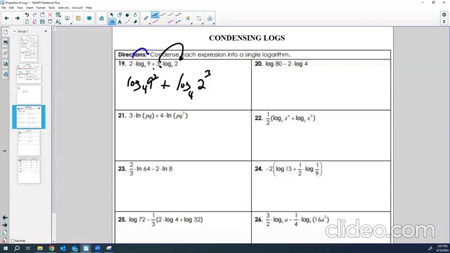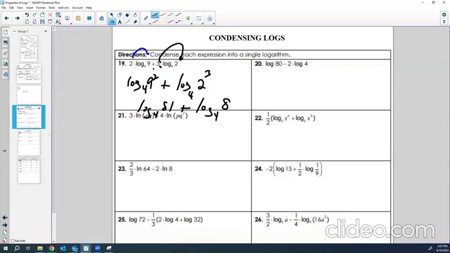So that's going to be 8. And what is 9 squared? 81. So now we can say log base 4 of 81 plus log base 4 of 8.